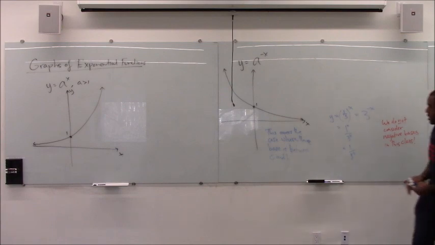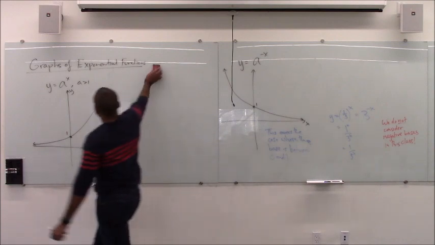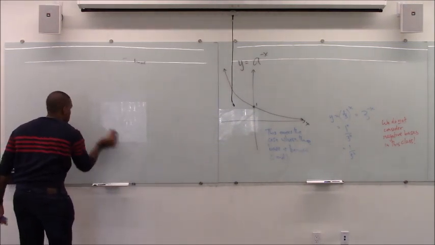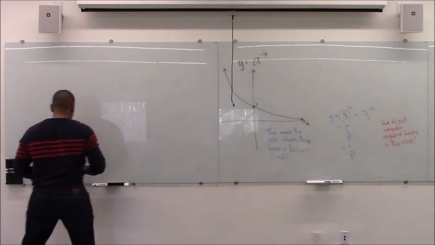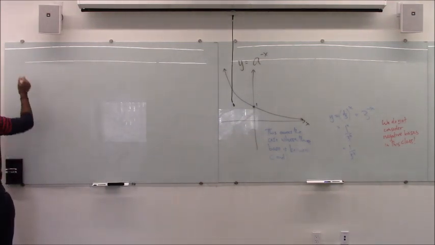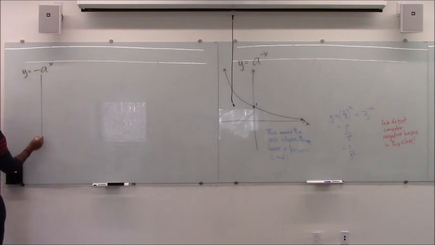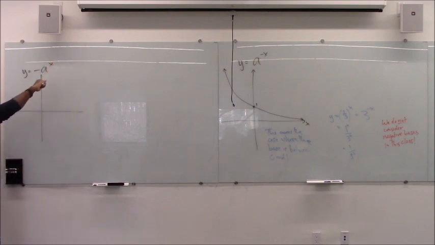There are other reflections that you should know about. So if you have y equals, you can negate the entire thing on the outside, right? So if your a to the x looks like this, if you take the negative, it reflects in the x-axis. That's going to look like that.